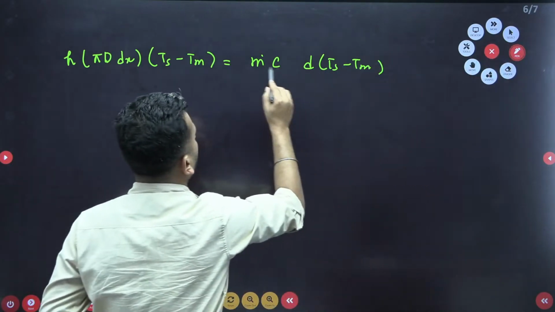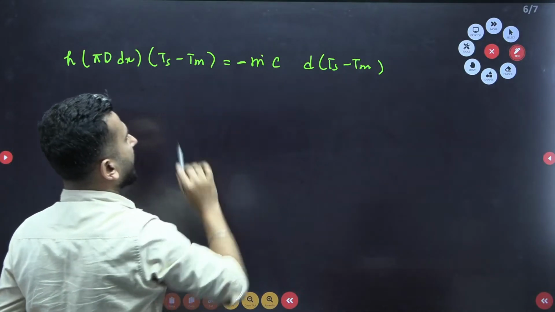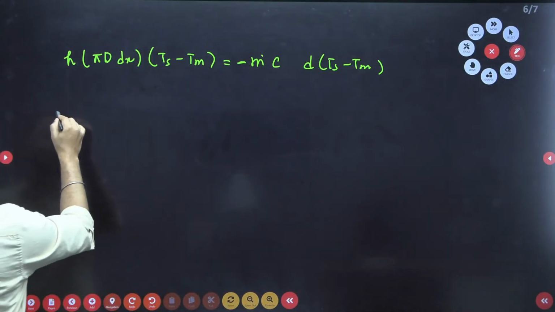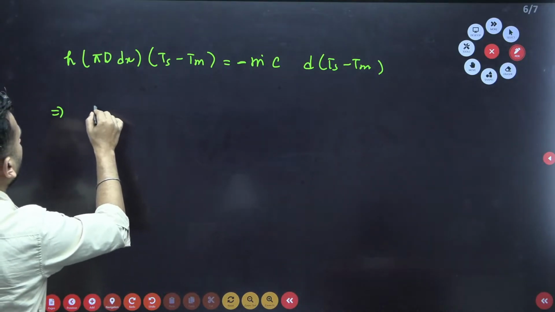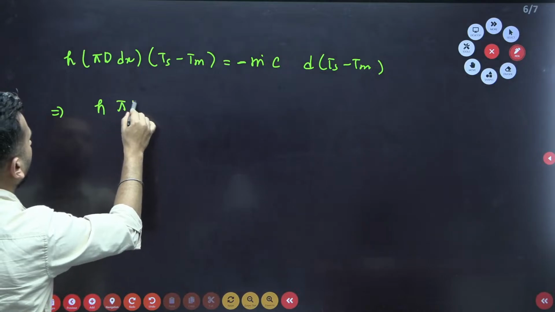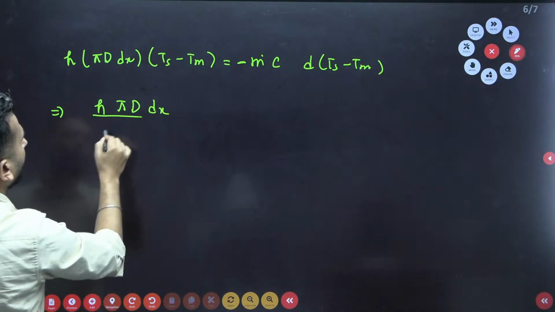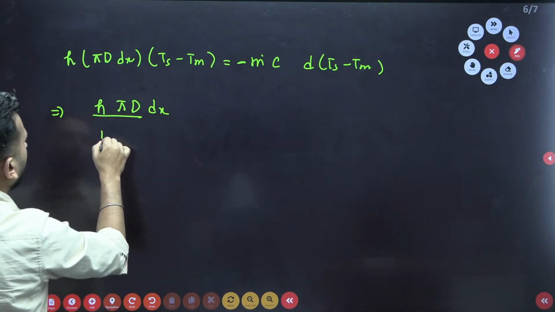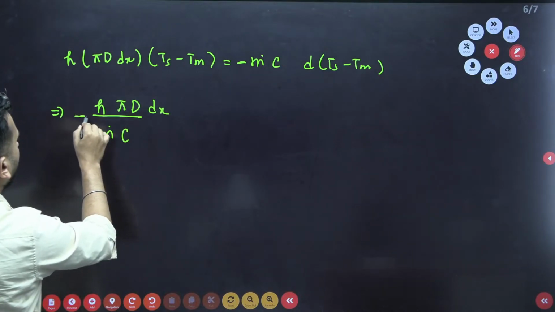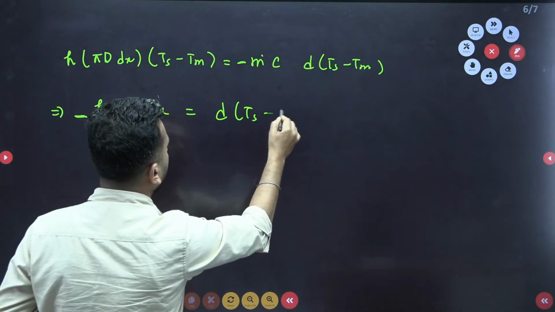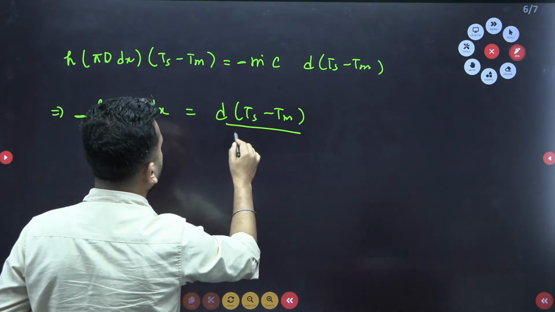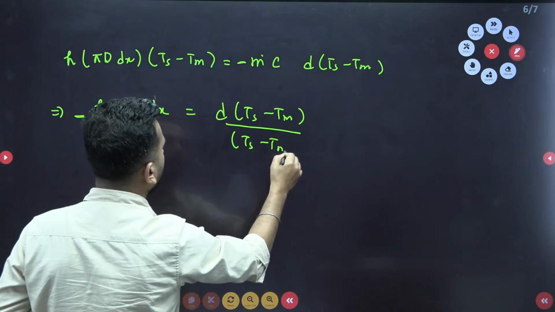This minus is not looking good, so let me take it here, but you know how the minus is coming. Check. So h into pi d dx by m dot c, and taking the minus on the left hand side, is equal to d of Ts minus Tm by Ts minus Tm.